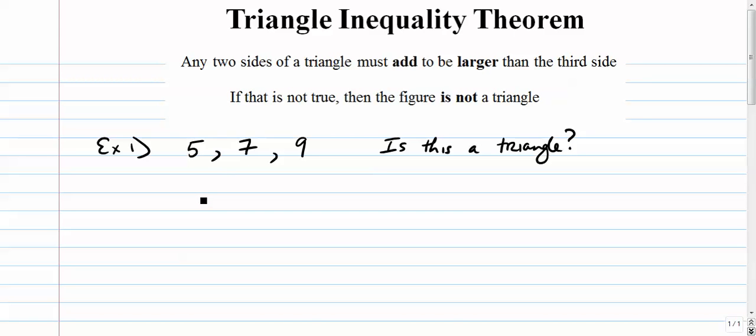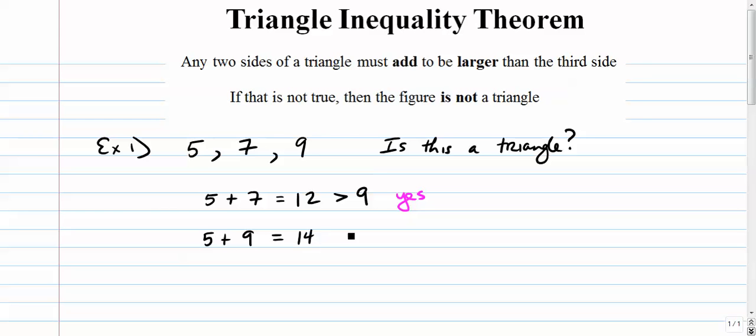What you basically want to do is throw it through three tests. Five plus 7 is 12. Is 12 bigger than 9? It has to be bigger than the third side, and of course it is, so that works. Now let's test 5 plus 9.